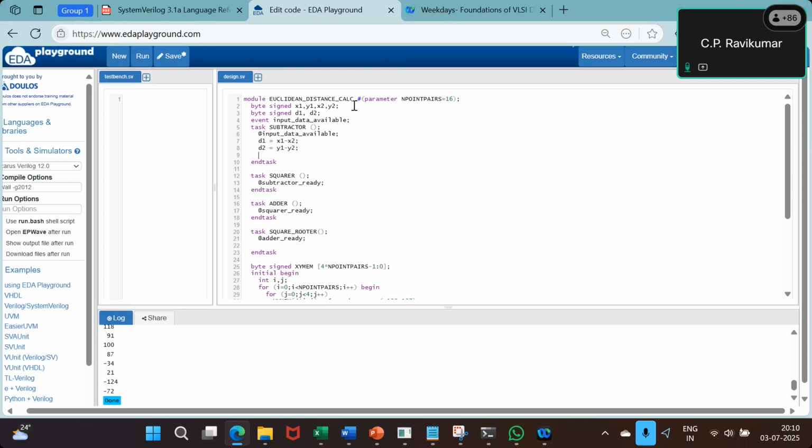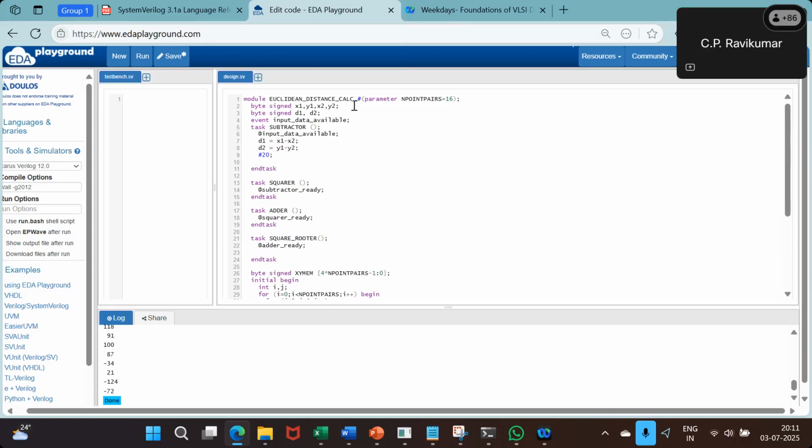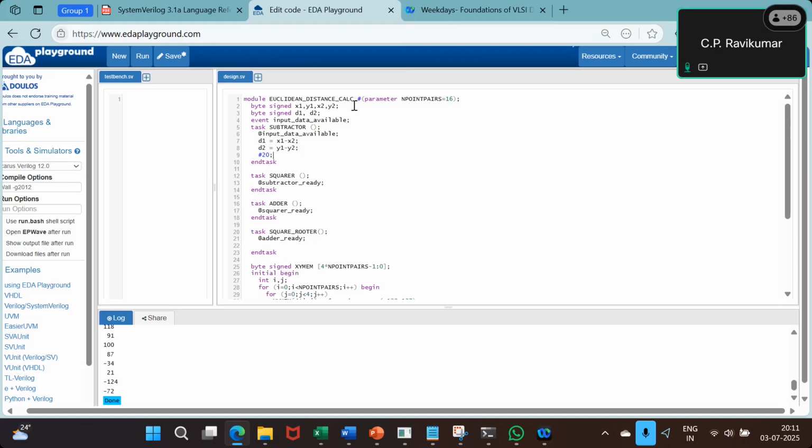So now after completing its work, it may say that some 20 nanoseconds is done. I have spent 20 nanoseconds to do this. So it's just a simulation. Then it could send a signal on subtractor ready. So subtractor ready is also an event.